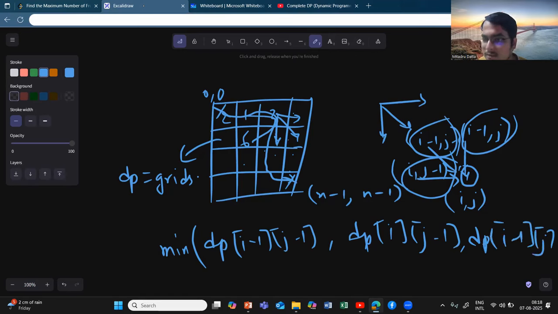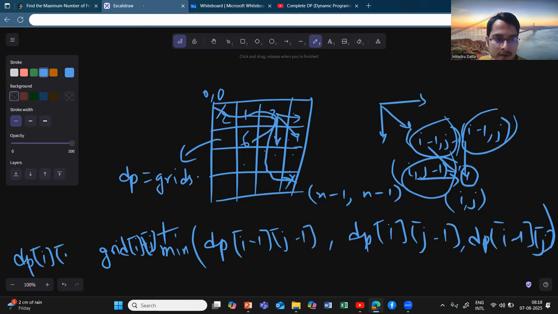These are the paths from which I will take, and definitely I will add the current grid value also. So grid i j will be added to my answer, and this will be equal to the dp value. This is how you do the DP on grid solution.